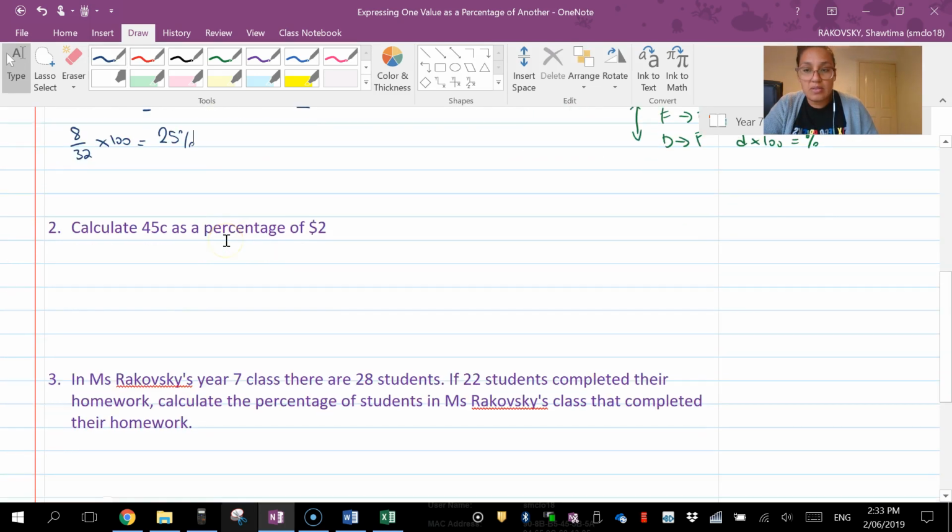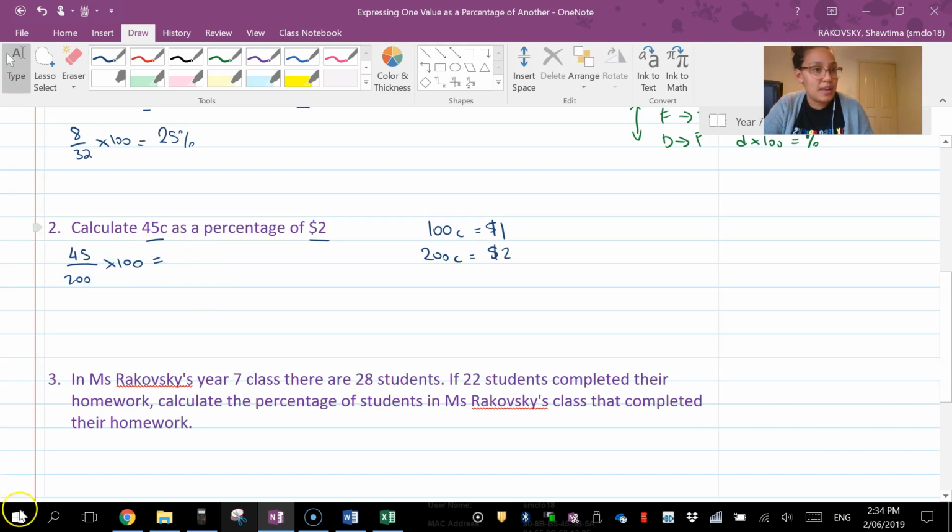So this one here, using currency, calculate 45 cents as a percentage of $2. Be careful, these are different units. There is 100 cents in $1. So that means that in $2 there has to be 200 cents. So this is actually going to be a fraction of 45 out of 200 times 100.